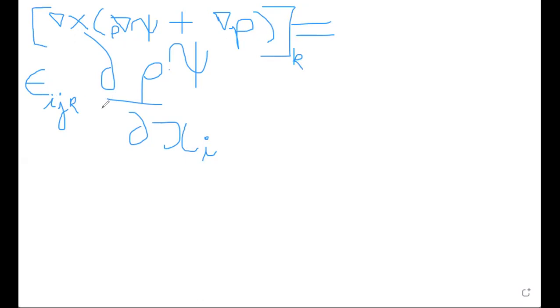So now I've made the transition from vector to tensor notation, or index notation, and so I can write that formally as this epsilon ijk, and then I have to do my sum over the i and j, so I have to repeat the indices. I take d by dx i of these vector quantities.